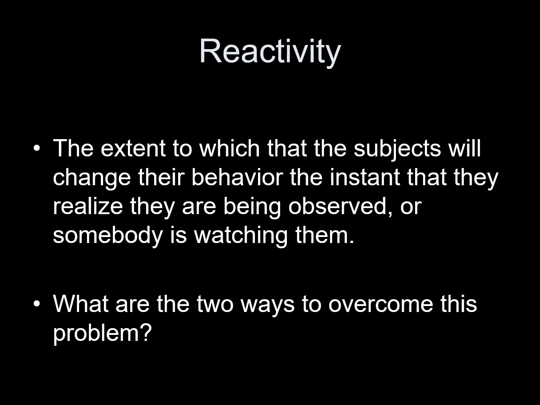The second way is to have a camera or an observer around so constantly that they get desensitized to it. Once they become so desensitized to having a camera or an observer right next to them, they start acting like themselves again. That is a process called habituation or desensitization.